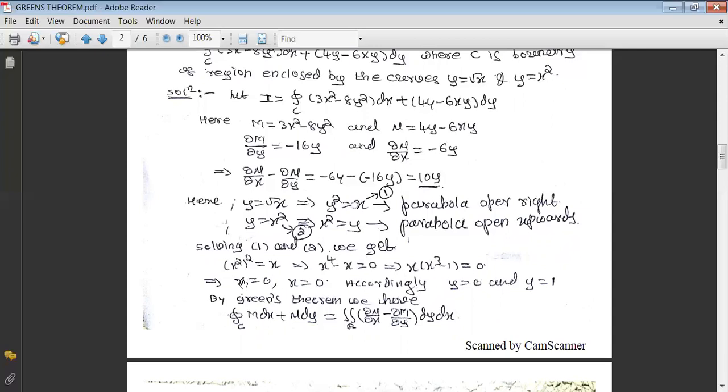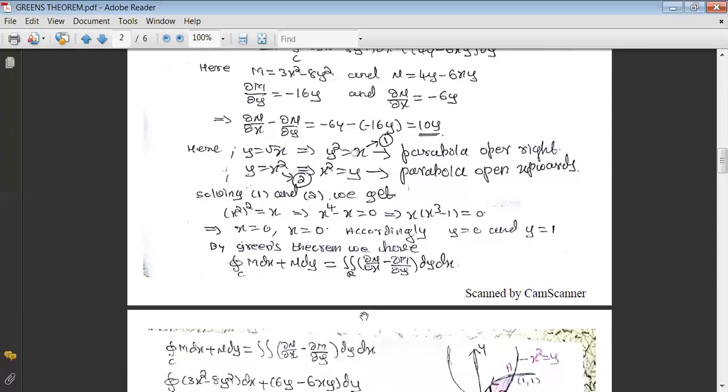That indicates one root is x = 0 and the other is x = 1. When we equate the first factor to 0, we get x = 0, and when we equate the second to 0, we get x = 1. Accordingly, we find y = 0 and y = 1, because once you take x = 0 here, we get y = 0, and once you take x = 1 here, we get y = 1.